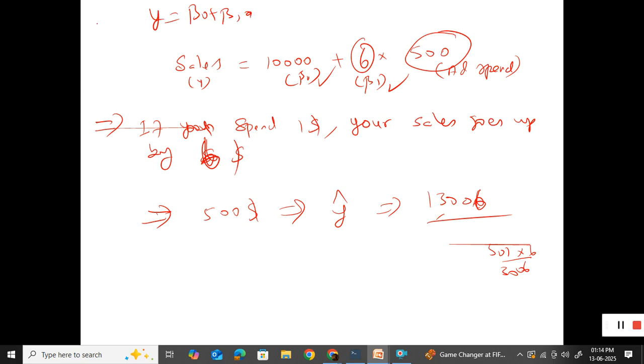This is my linear regression equation, and this one is my prediction. To make a prediction, what we need to know are beta naught and beta 1. Very simple, guys. If you know beta naught and beta 1, you will get the predicted sales value. I just made it very, very simple now. Clear?